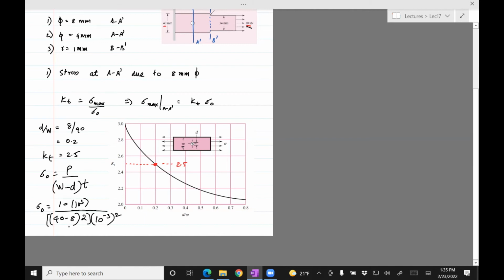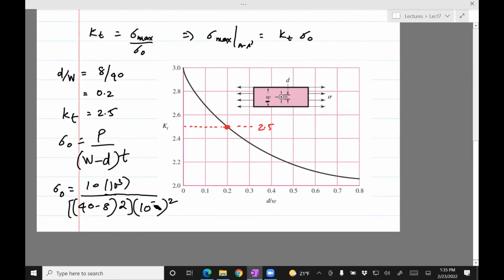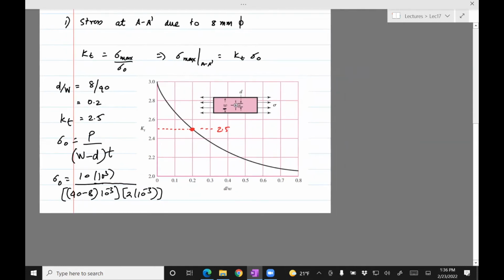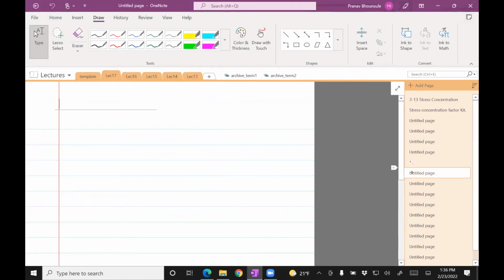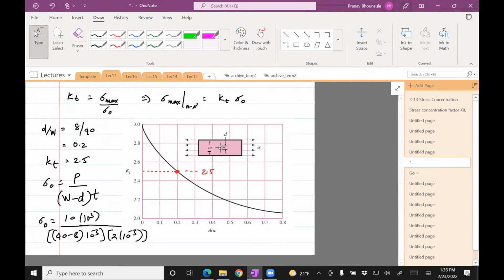One is for this. You know what? Let me make it clear like this. So 40 minus 8, that's W minus D. And then T, it is 2 times. Okay, that's why it is twice. One for W minus D and one for T. Okay, there's a lot over there. But let's now find it. So the sigma comes out to be 156 megapascals.